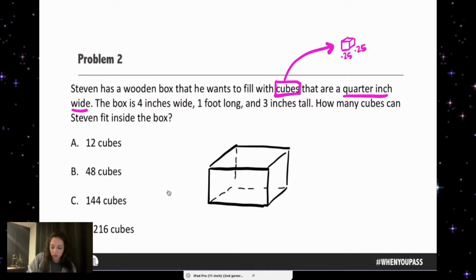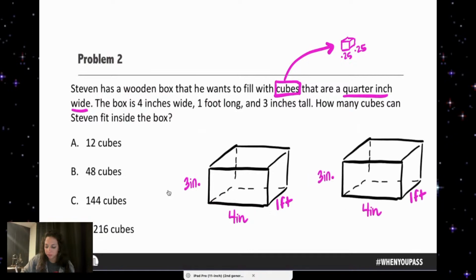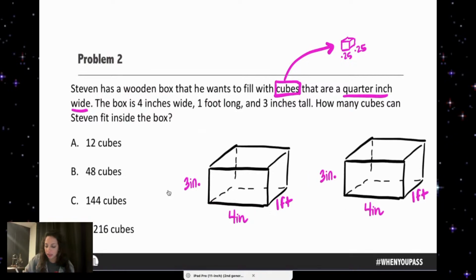The box is 4 inches wide, 1 foot long, and 3 inches tall. Now, does it matter if you labeled your box differently? Let's say you put the 4 here, you put the 1 foot here, and you put the 3 inches here.